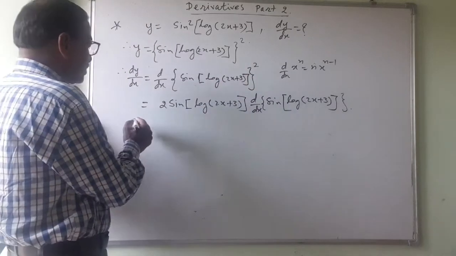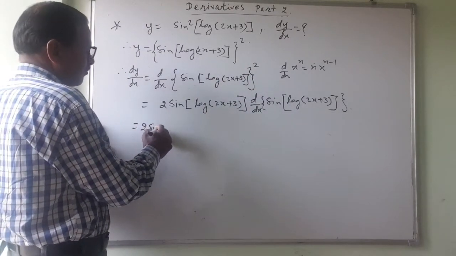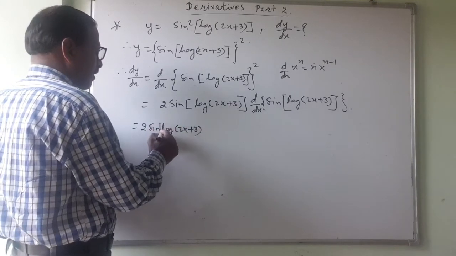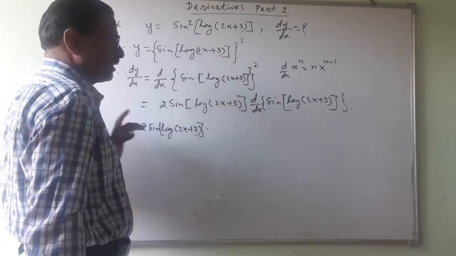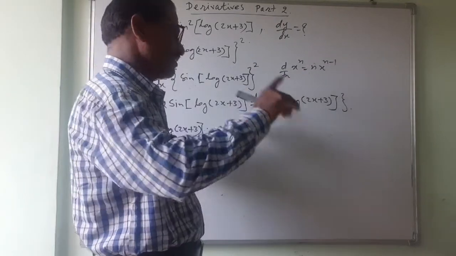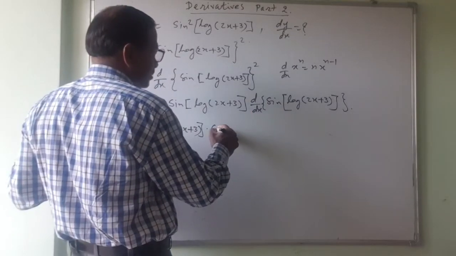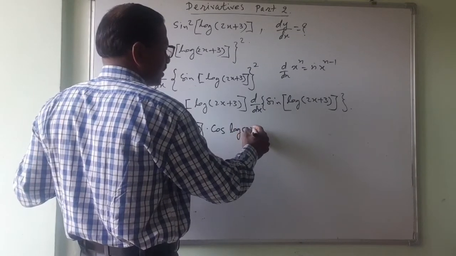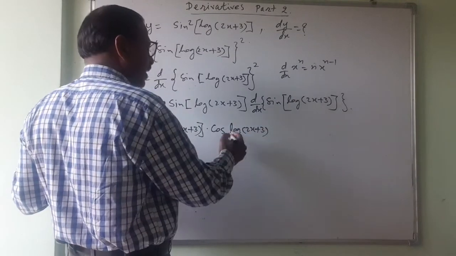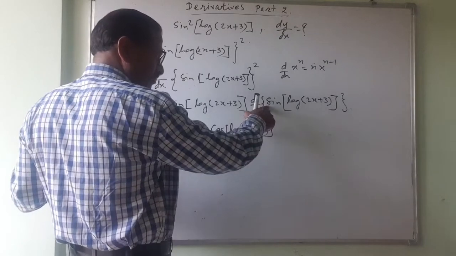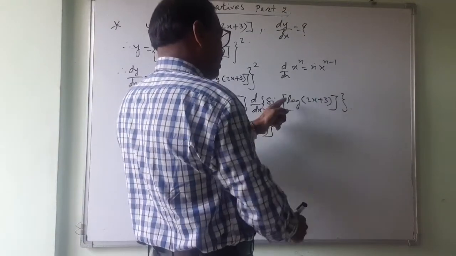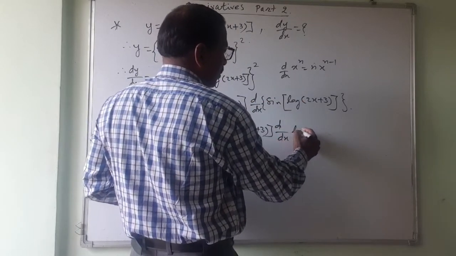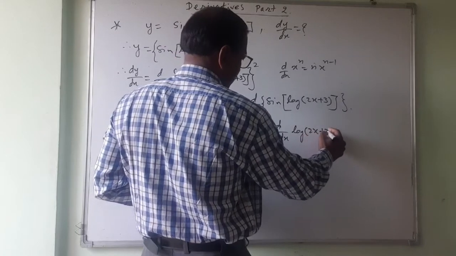In this also, go sequence-wise. 2 sine log of 2x plus 3 into, now the derivative of, first of all, sine. The derivative of sine is cos, and what is its angle? Log of 2x plus 3. Okay, this much part is over. Now again there is another function. I have to take the derivative of this function also, into d by dx of log of 2x plus 3.